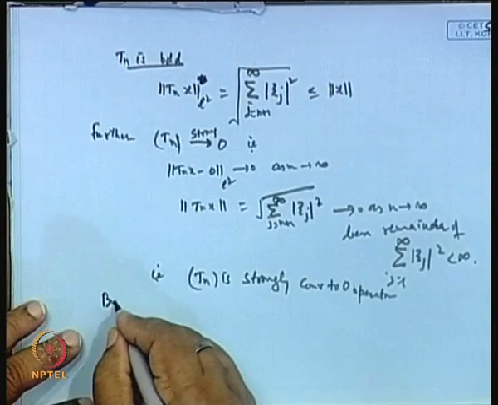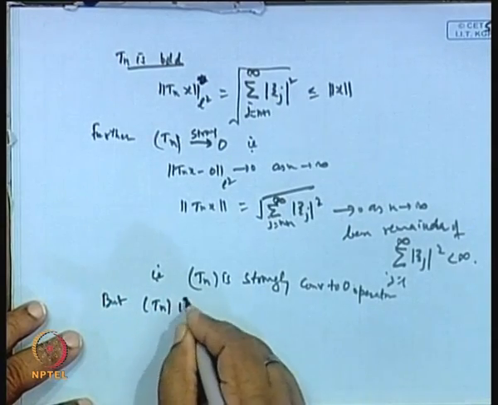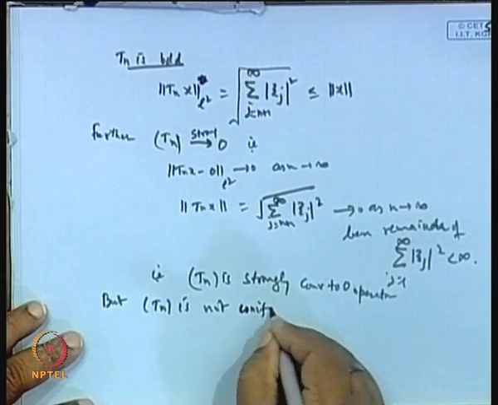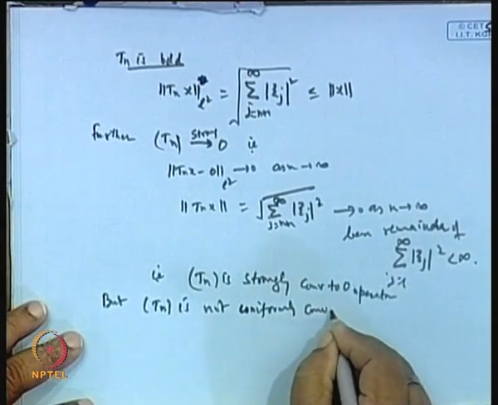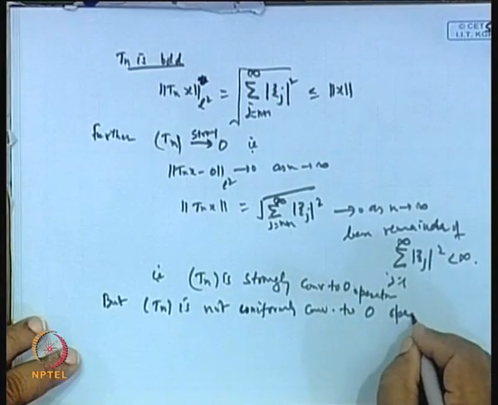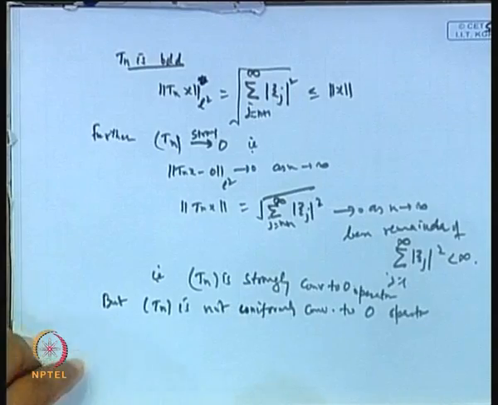But this Tn sequence is not uniformly convergent to the zero operator. Why is it not uniformly convergent?